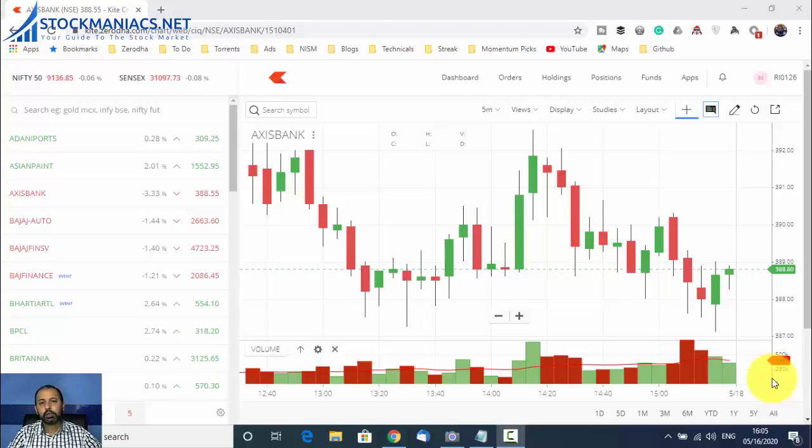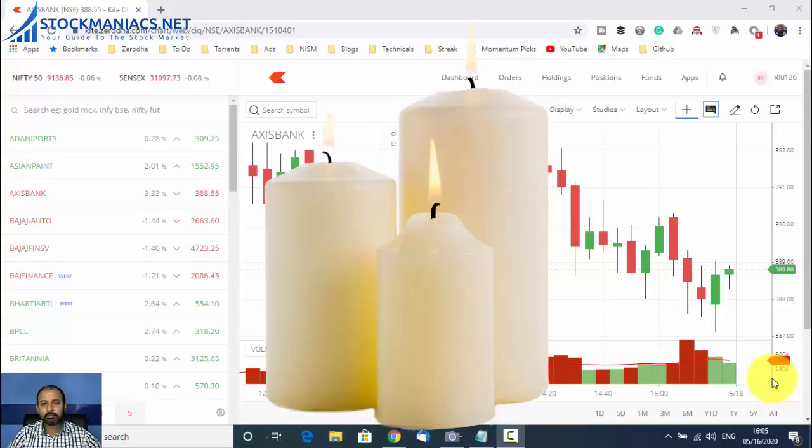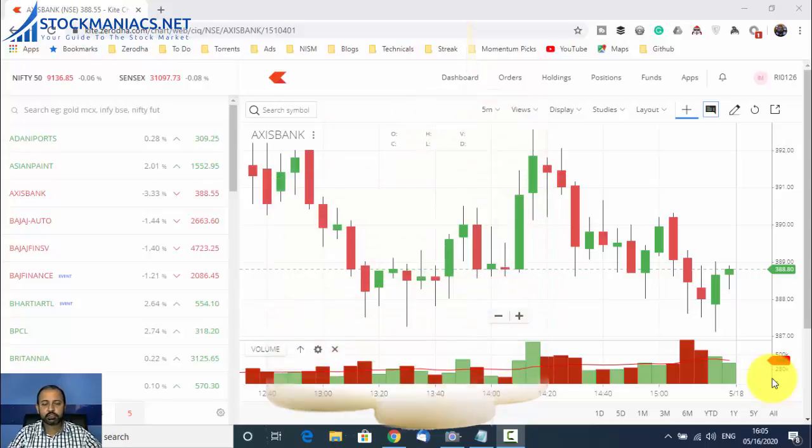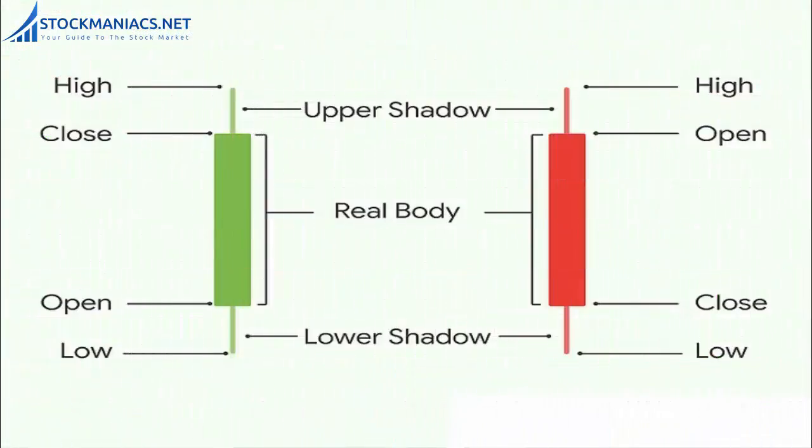Now we all know what a candle is because we all light up candles at the time of Deepavali. The candle is a thick thing with an upper wick, and we actually light the upper wick at the time of Deepavali. Similarly, in the stock market also there are candlesticks. So now let us understand what a candlestick is.